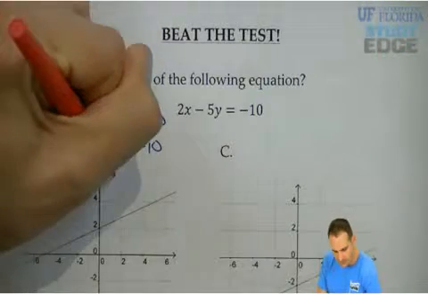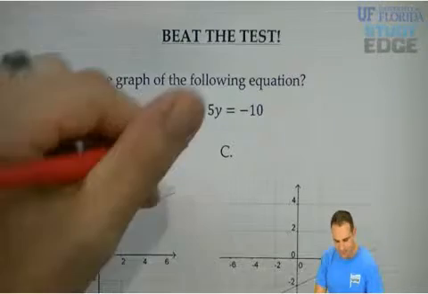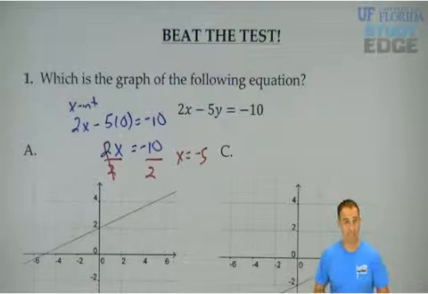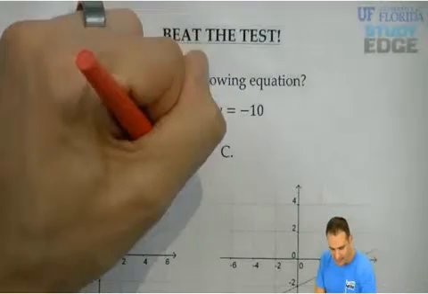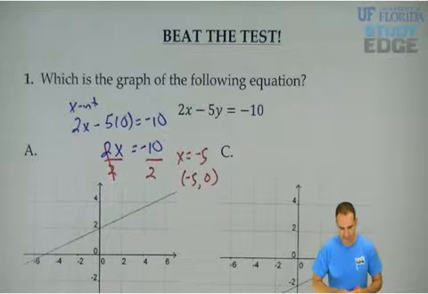Divide both sides by 2. And x would equal negative 10 divided by 2. x would equal negative 5, and that would be the x-intercept. The coordinate would be negative 5 comma 0, but really we're looking for the x-intercept being negative 5.